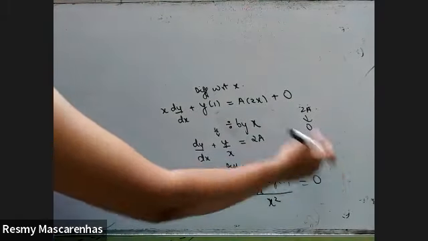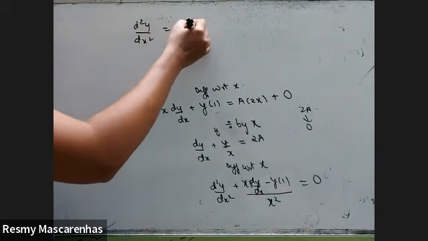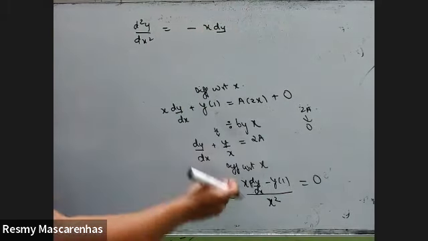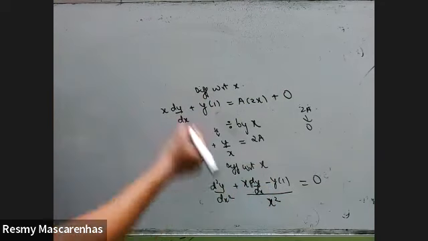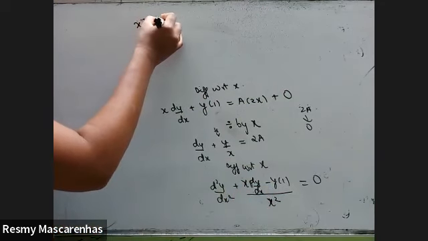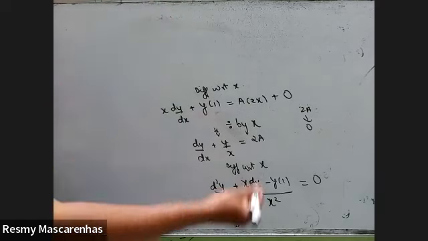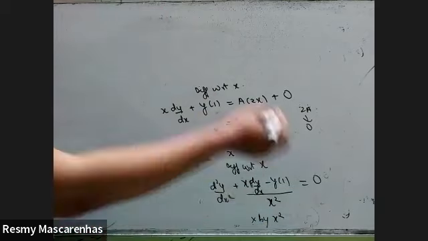This whole term I take on the other side. Or I can cross multiply also. Just cross multiply this x square, or best option, multiply throughout by x square. Why?